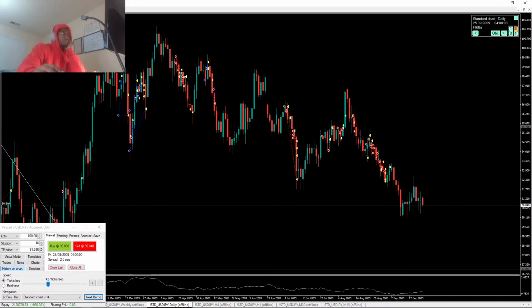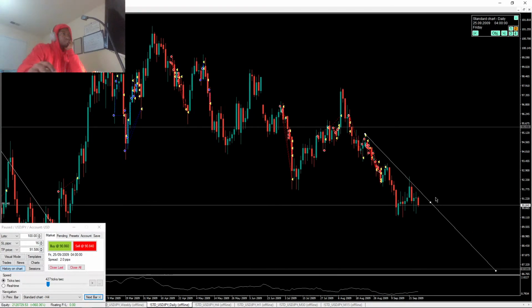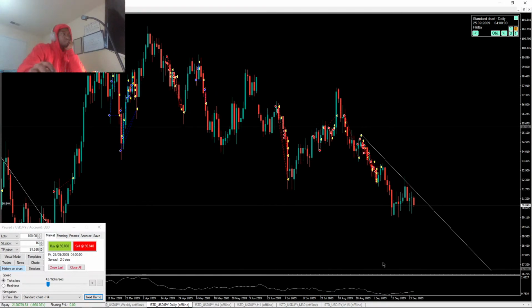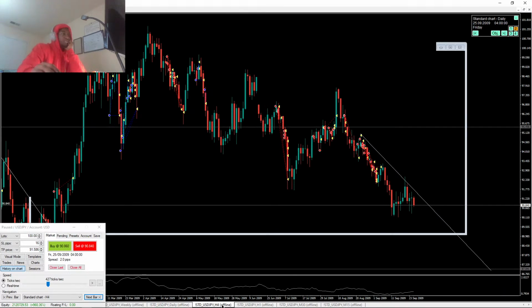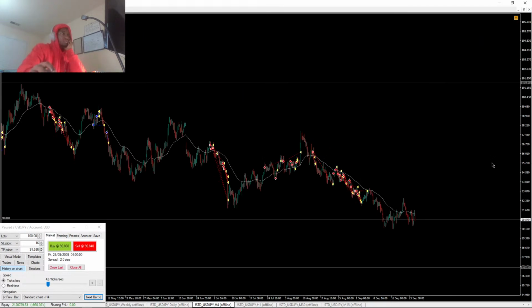Shows we have a short-term downtrend. I'm looking for prices to go down to that level until the trend line is broken.